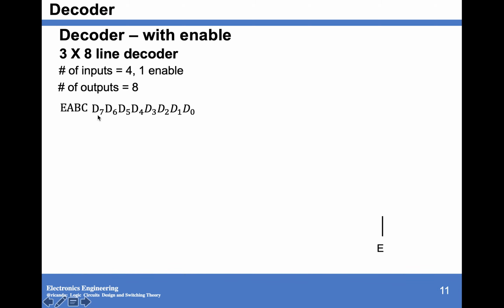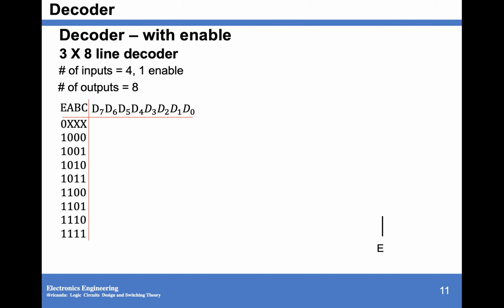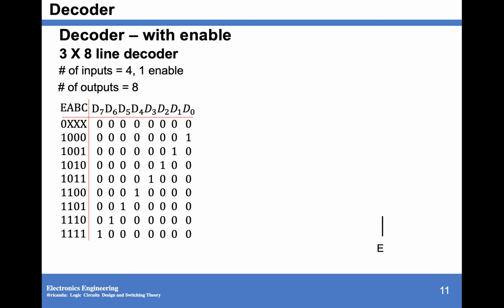Then we have your outputs from D0 to D7. So this is your truth table. If we have an enable which is equivalent to 0, whether your input is 0 or 1, your output must be all 0. If your enable is equal to 1, then your decoder will function as a decoder.